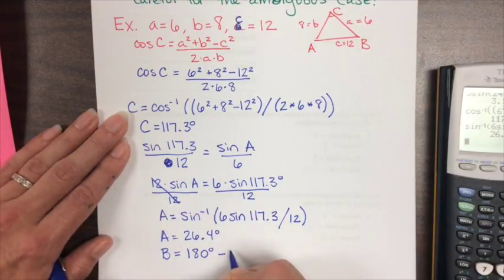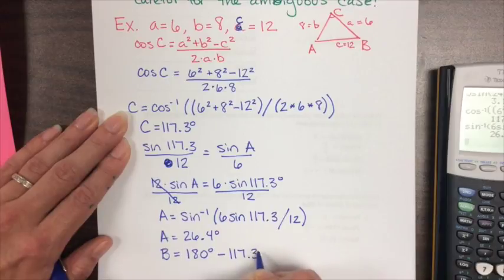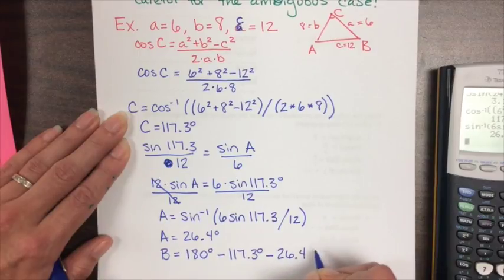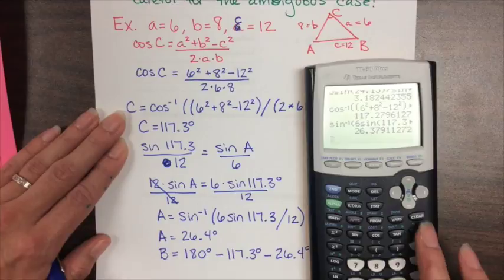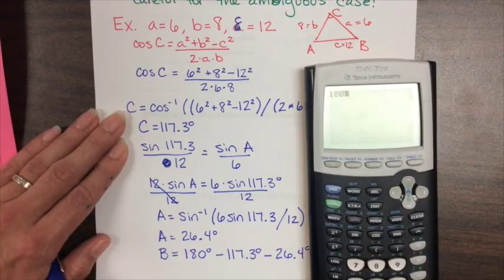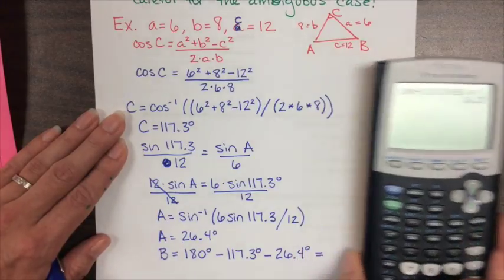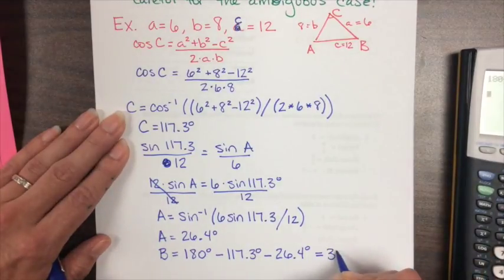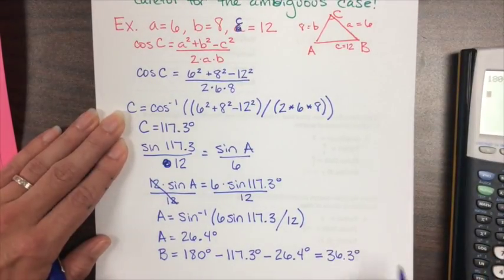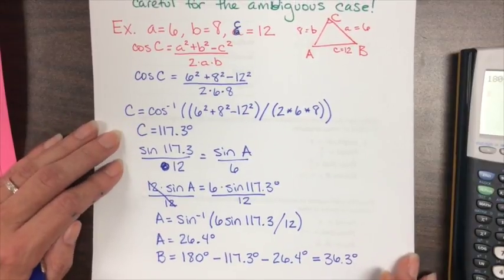We know that angle C is 117.3 degrees and angle A is 26.4 degrees. So angle B is 180 minus 117.3 minus 26.4, or 36.3 degrees. That is law of cosines.